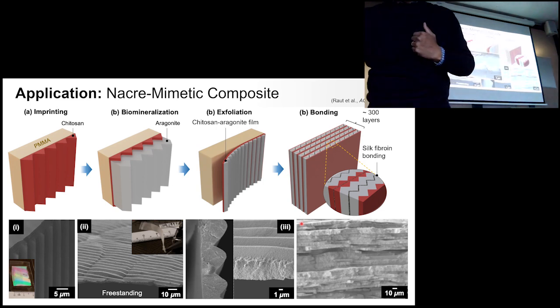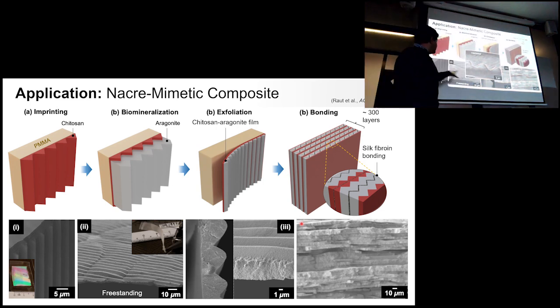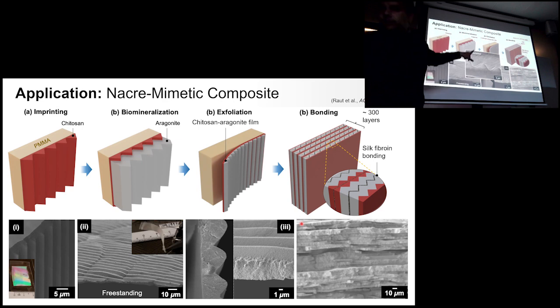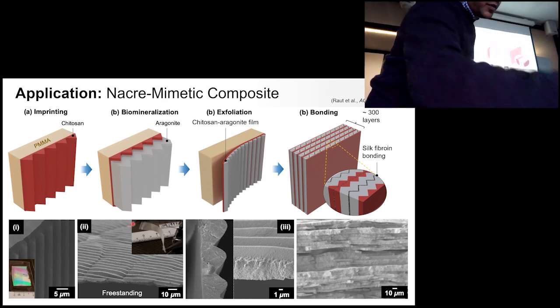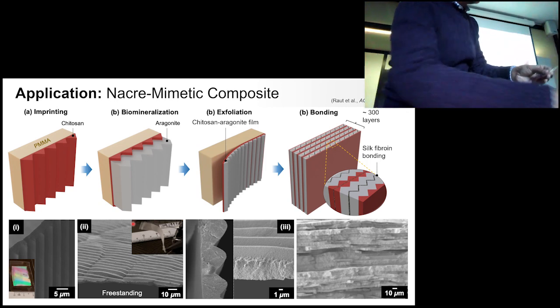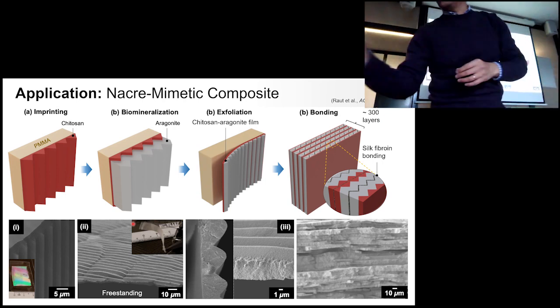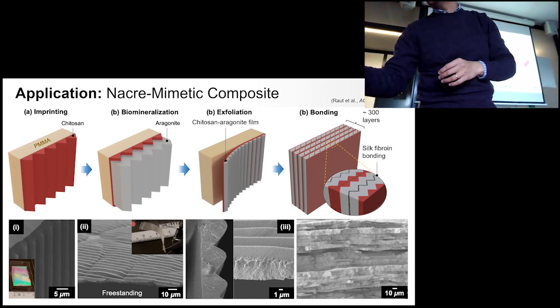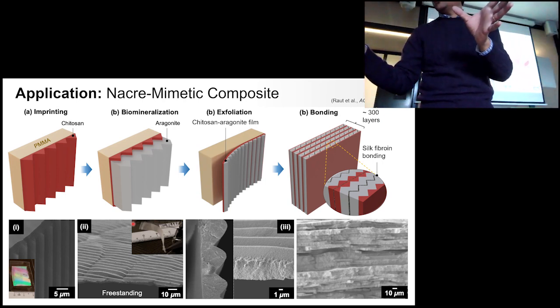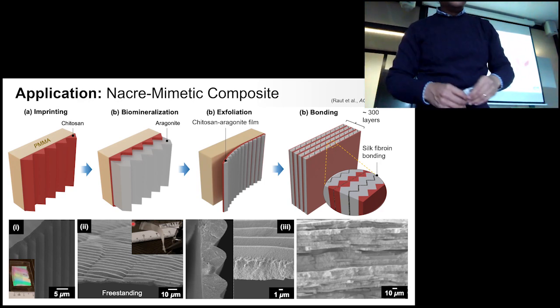And then we can create a composite. How big structures can you make? Like I showed before, the process of biomineralization is not limited at all. For example, this plastic was entirely biomineralized. But that came from the oyster. Yes, but here you peel them off.